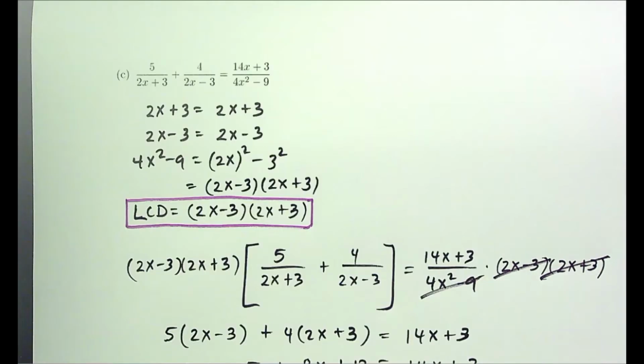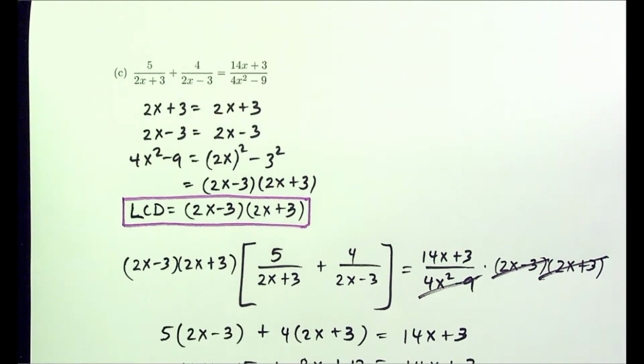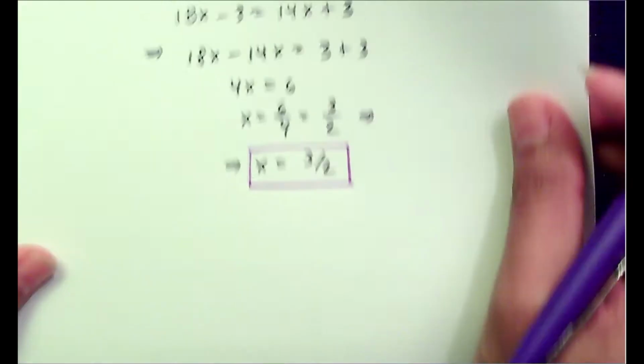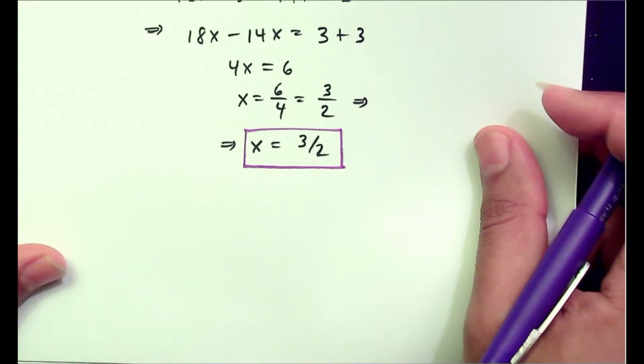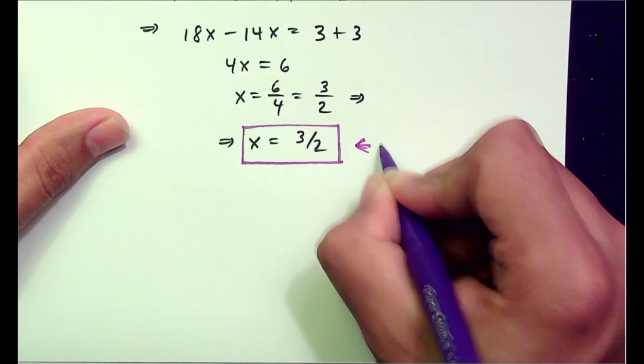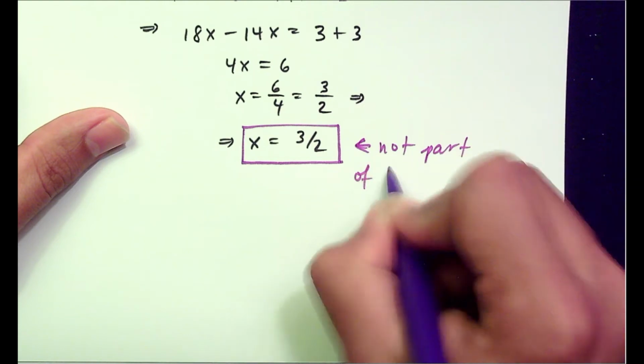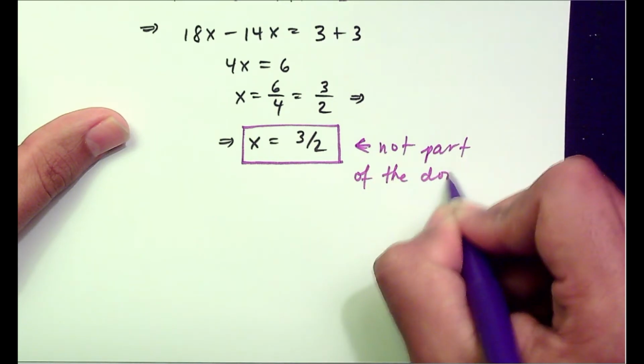So, no, that's bad. That makes bottom 0 on the original equation. So that means this is not part of the domain. And if it is not part of the domain, this has to be discarded. Okay, not part of the domain.